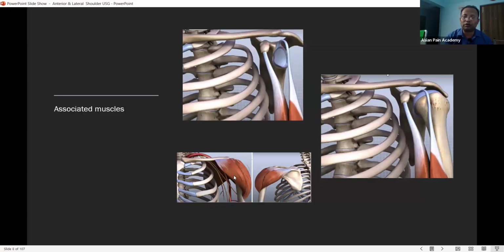One thing you have to note here is that the deltoid, on the front side, starts from the clavicle, the lateral third. On the posterior side, it starts from the scapular spine. So there has to be a space in between the scapular spine and the clavicle. So what is that muscle?